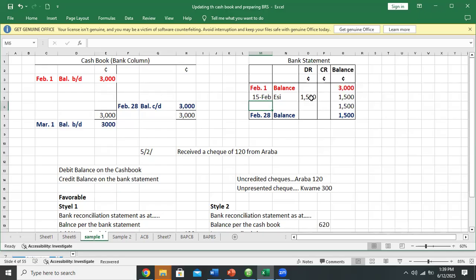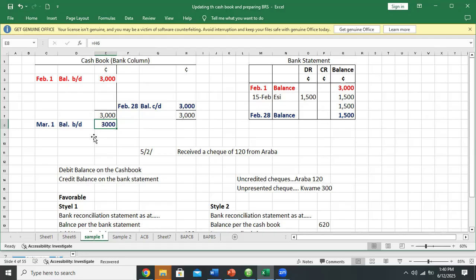Now here again, if we pick the balance on the bank statement, which is the 1,500, what do we do with this figure so that it is equal to 3,000? We will add it, right? We'll add it. But if we come and pick our balance in the cash book and want to adjust it to get the 1,500, then we would have to do what? Less it.